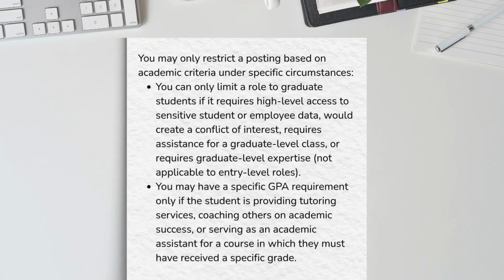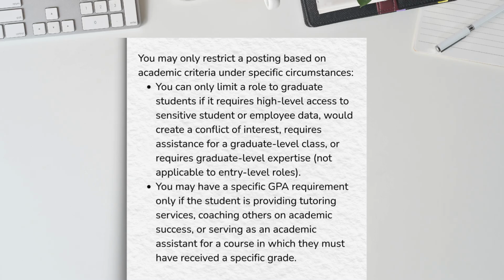You may only restrict a posting based on academic criteria under specific circumstances. You can only limit a role to graduate students if it requires high-level access to sensitive student or employee data, will create a conflict of interest, requires assistance for a graduate-level class, or requires graduate-level expertise, not applicable to entry-level roles.